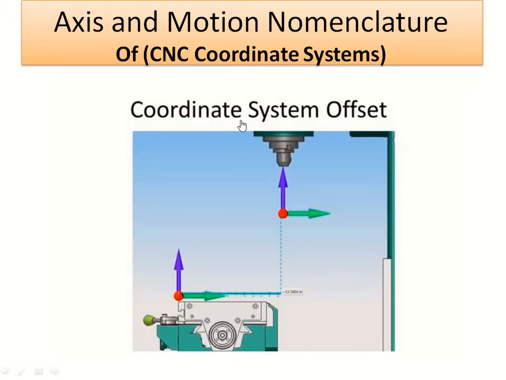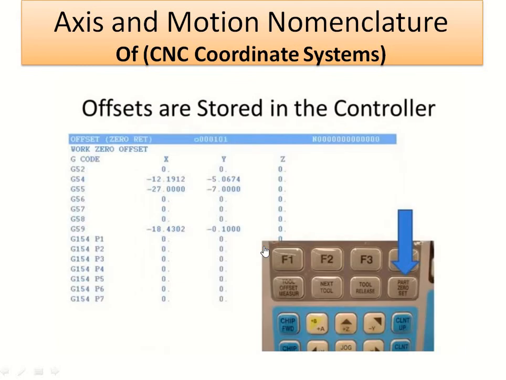The offset is the x and y distance between the vertical z axis of the program coordinate system and the vertical axis of the machine. This space is called the offset.